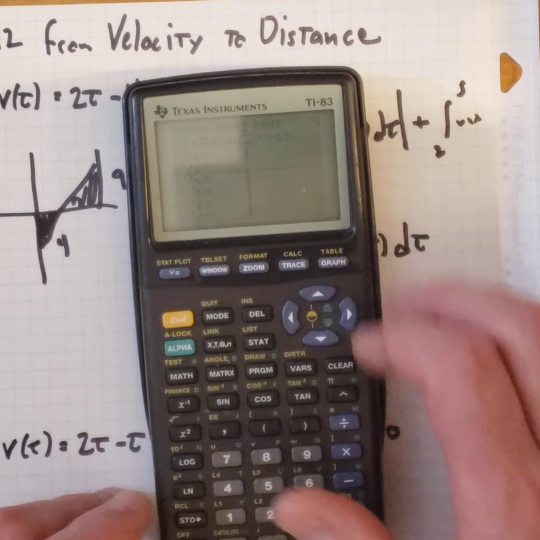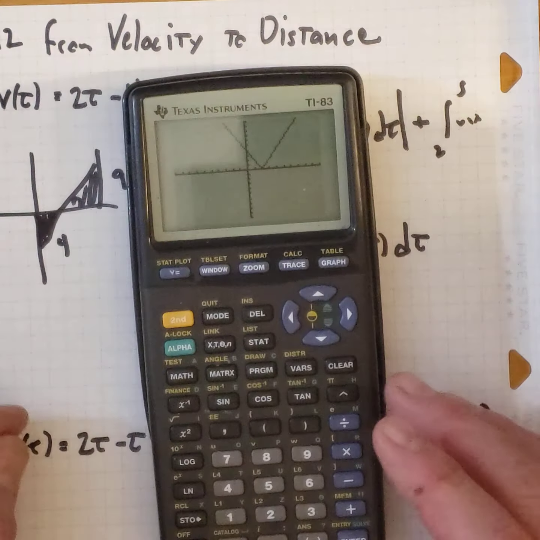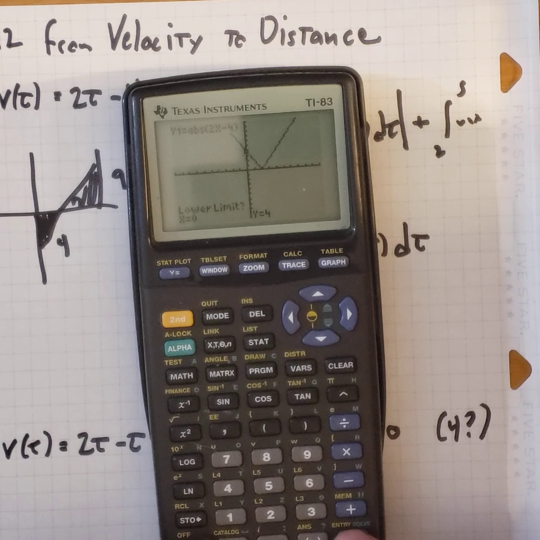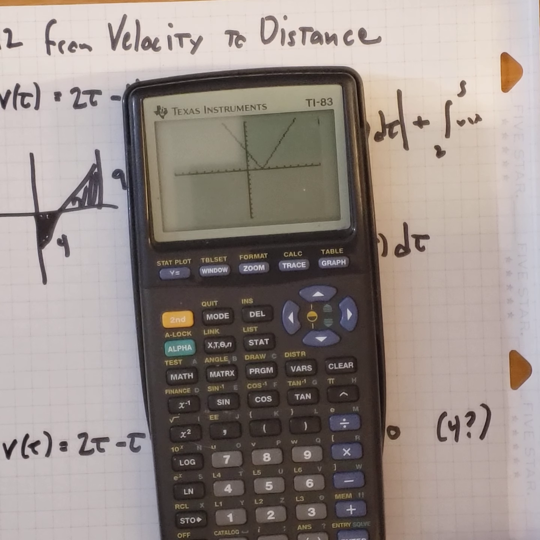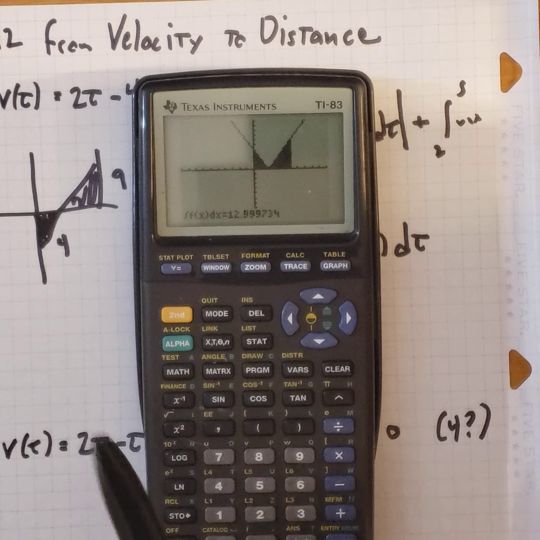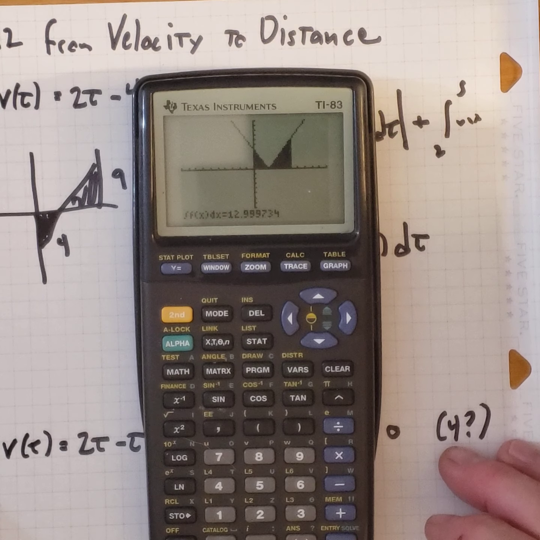And what that does is it takes everything that would be below the x-axis and sort of folds it up above the x-axis. Now we can do second calc 7 from 0 to 5, and it will automatically consider that backwards part to be forwards, and that will give us our answer. It doesn't do it very well, limitations of the programming, but you should understand that with numbers as simple as what we put in there, 12.99 whatever probably means 13.